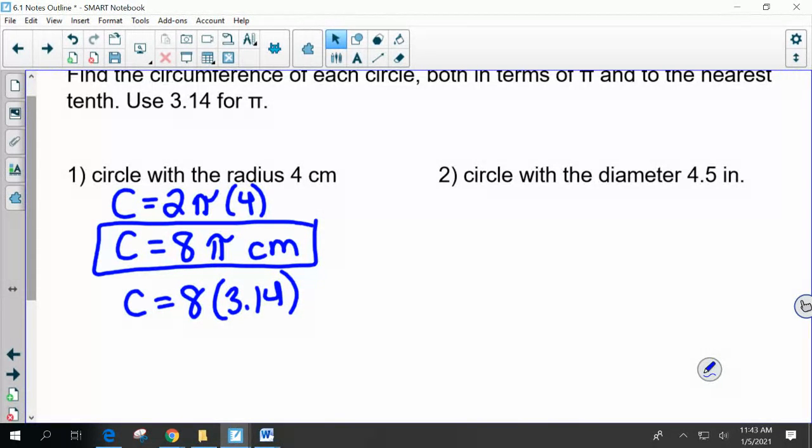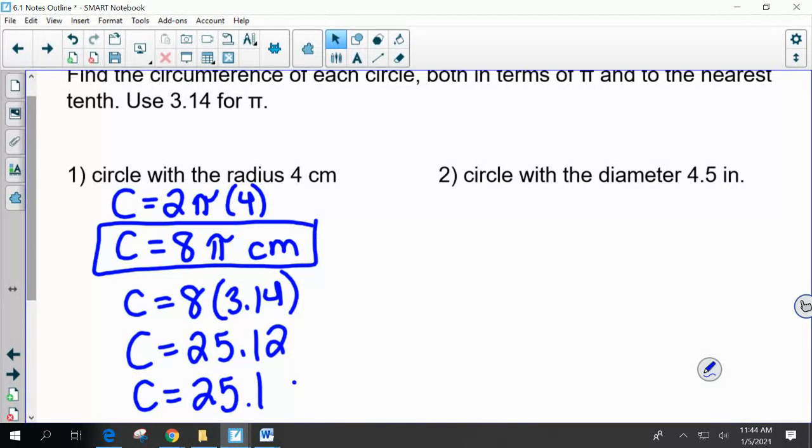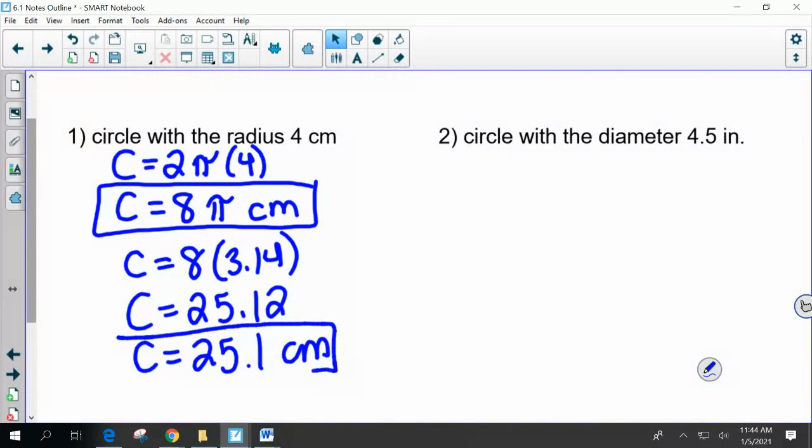And then I multiply that and round to the nearest tenth. 25.12. Okay, so 25.12, and then rounded to the tenth would be 25.1 centimeters would be my next answer.